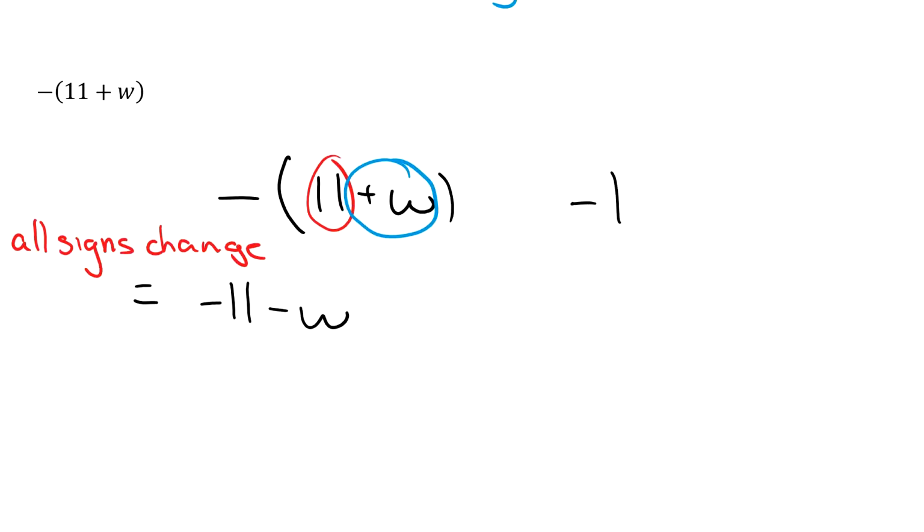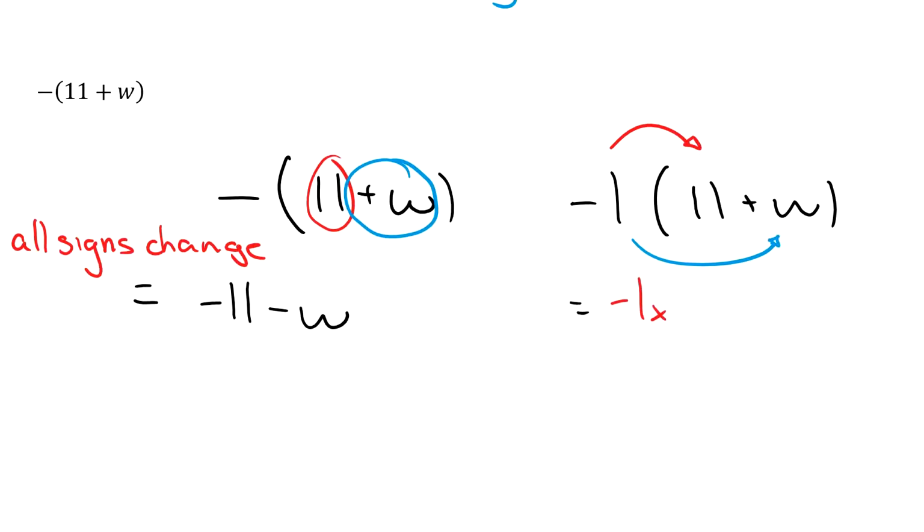But you can imagine that it's a negative 1 out the front. And then we draw our arrows. And we get negative 1 times 11. There's a plus here, so plus. We get negative 1 times w.